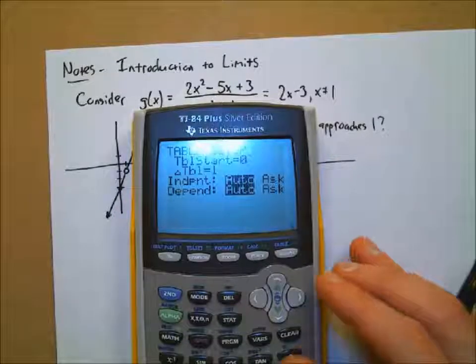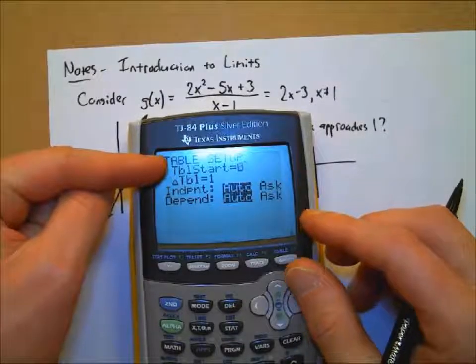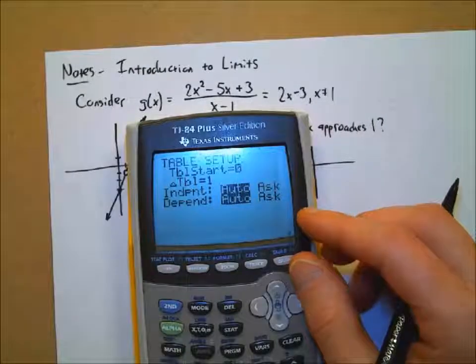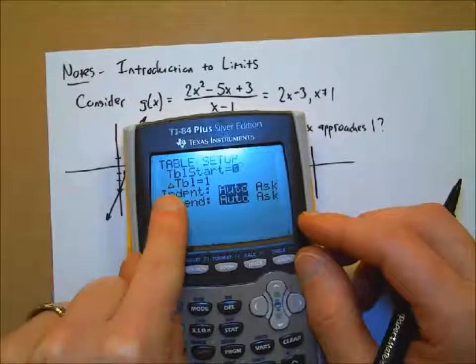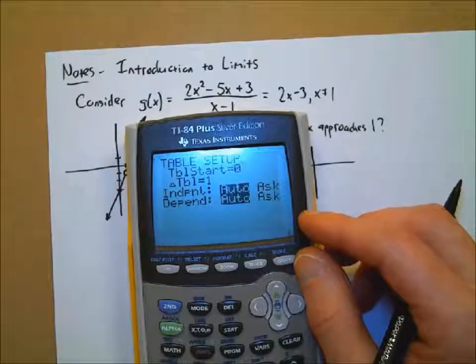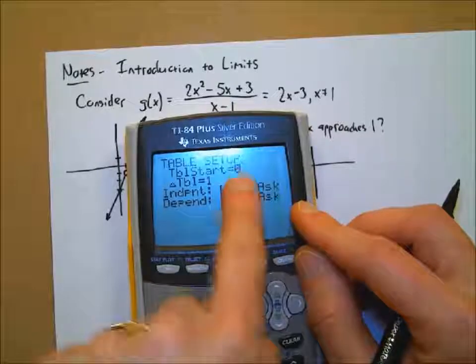Okay. But you can change things. So, for example, you can change where your table starts by just changing this number here. You can start at any number you want, and you can also change how the table changes. This is supposed to be delta table. The Greek letter delta is used to represent change in math and science and stuff like that. So this is starting at 0. It's going to go up by ones.